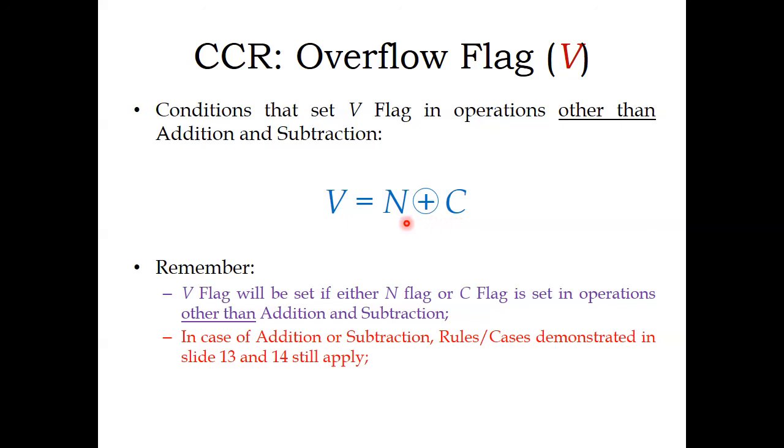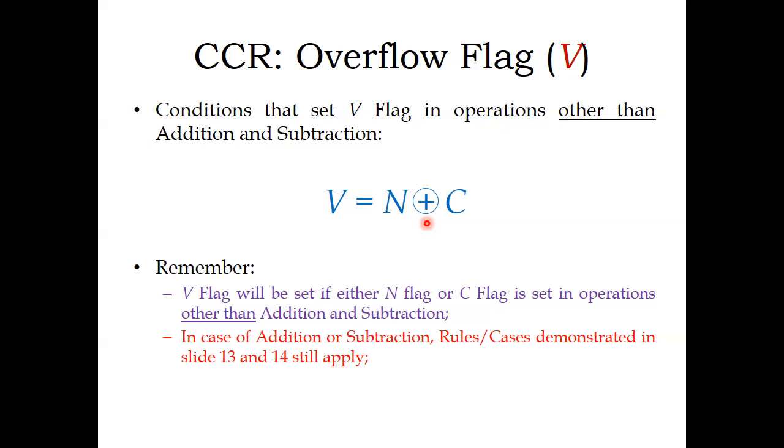So you do an exclusive OR. You know this operation, right? Let's recall: exclusive OR gives you high when the two inputs are different, meaning opposite, so one input is 1 and the other is 0. If both inputs are the same, both 0 or both 1, then exclusive OR gives you 0.